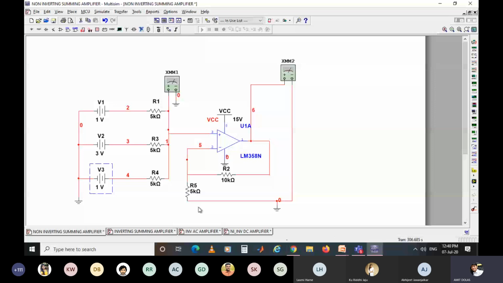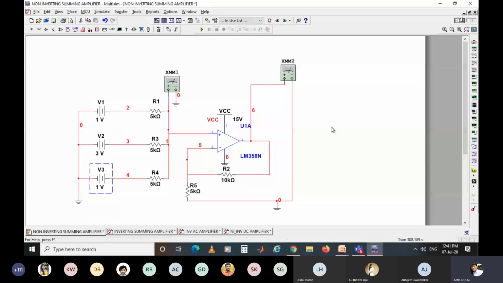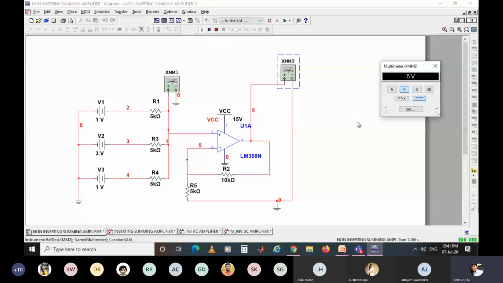So I will run this. Before that I have to stop the simulation of the previous circuit. Okay. So here I will run this and I will check the output voltage. So you get 5 volt. 5 volt is nothing but the addition of V1, V2 and V3.